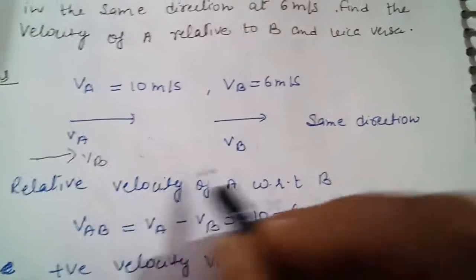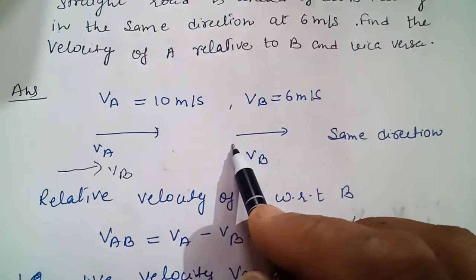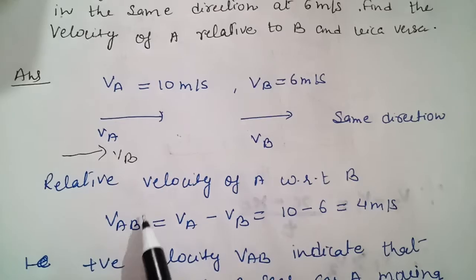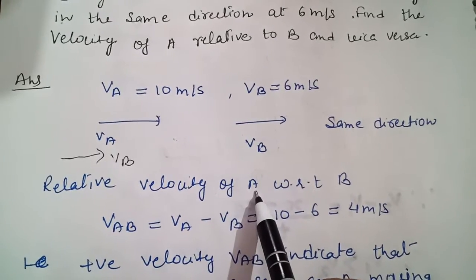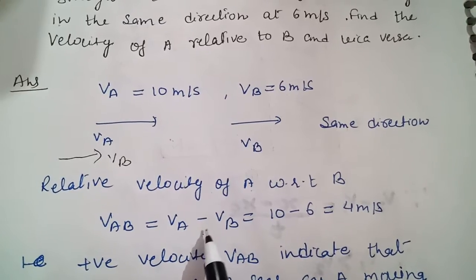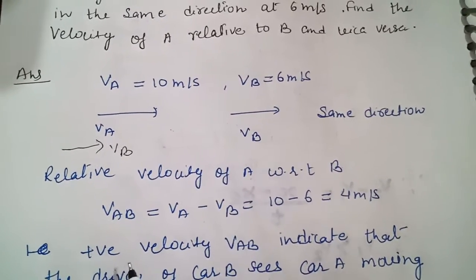You have read a formula: when two objects are in motion and moving in the same direction, the relative velocity of one object with respect to the other will be the difference of their actual velocity with respect to earth.